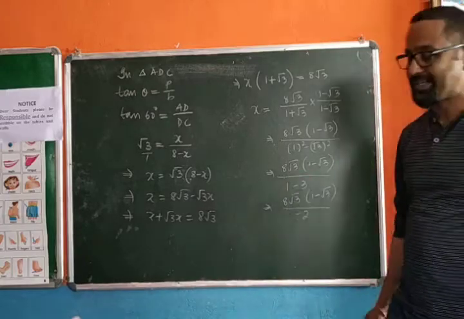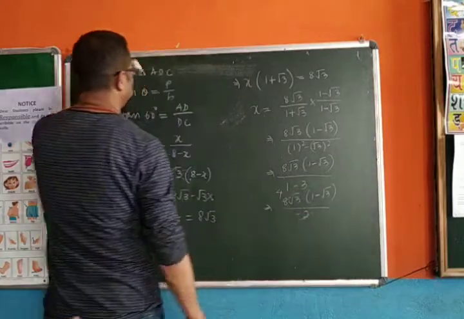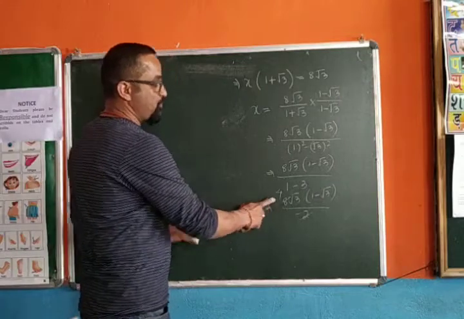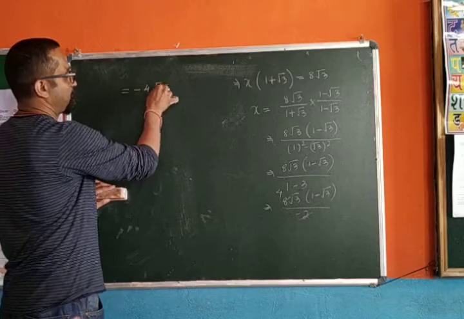Now you have to cancel it: 2 fours are 8. So this minus from the denominator you have to bring up. You get minus 4 root 3.